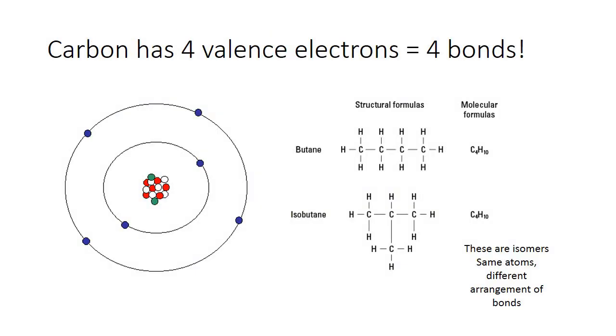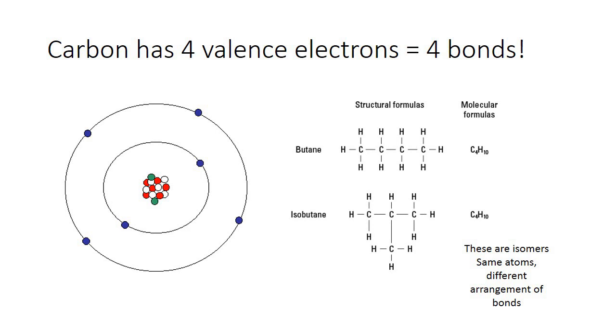Okay? Carbon has 4 valence electrons. And because it has 4 valence electrons, it can make 4 bonds. So we can see that when it makes these bonds, it makes them in a variety of ways. So we have 2 molecules here. We have butane and isobutane.